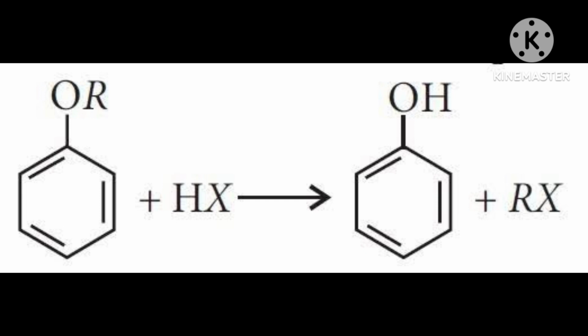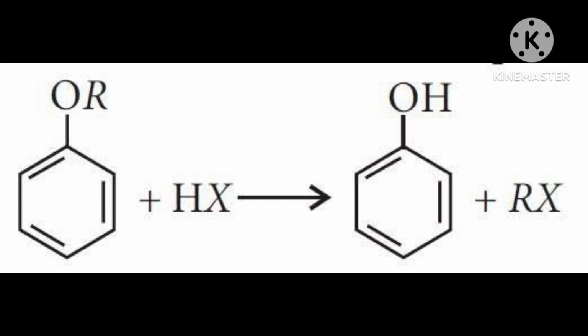In the case of anisole, H plus will come near the oxygen. Oxygen will donate one pair of electrons, and oxygen will have a positive charge. The methyl phenyl oxonium ion, with positively charged oxygen, is formed by protonation of ether.